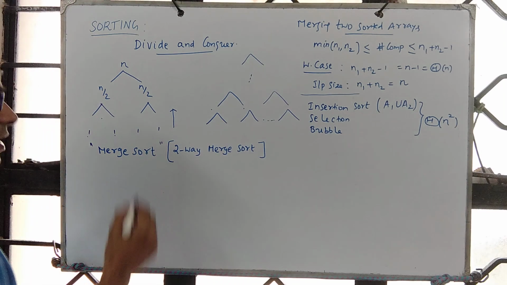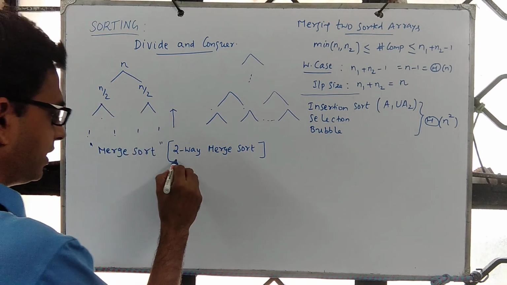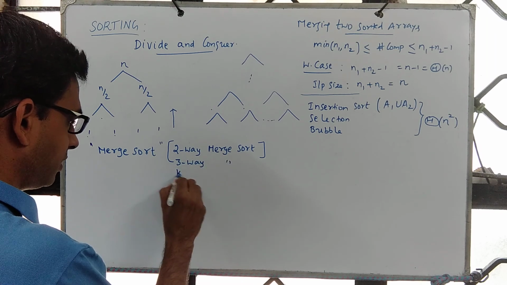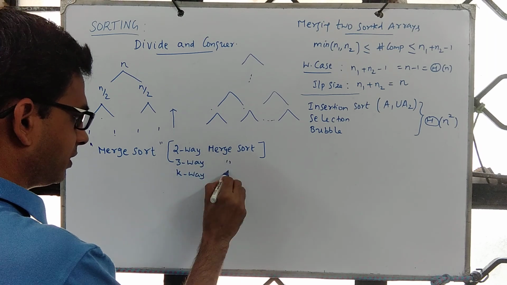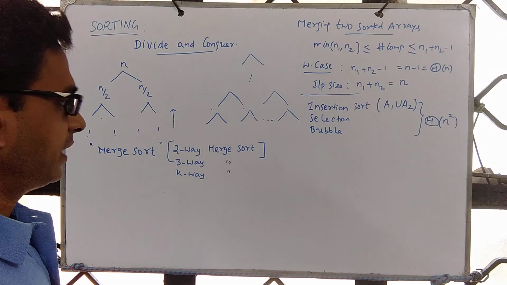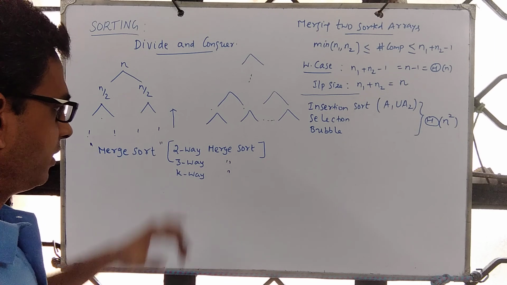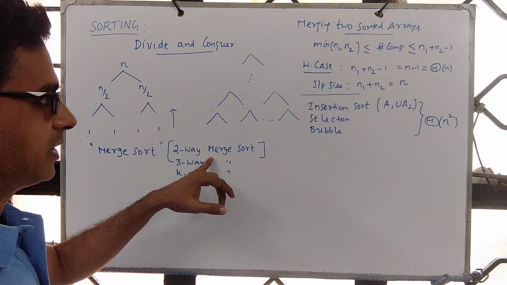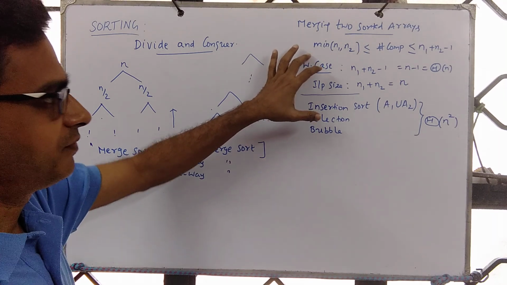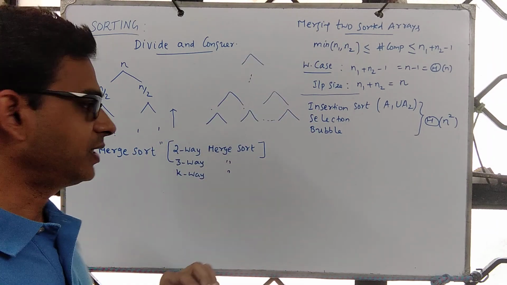Now one can ask, can I generalize this and ask for three-way merge sort, k-way merge sort and so on? Answer is yes, which we shall explore shortly. Now we shall analyze the complexity of two-way merge sort, assuming it is going to make use of this algorithm as a subroutine.